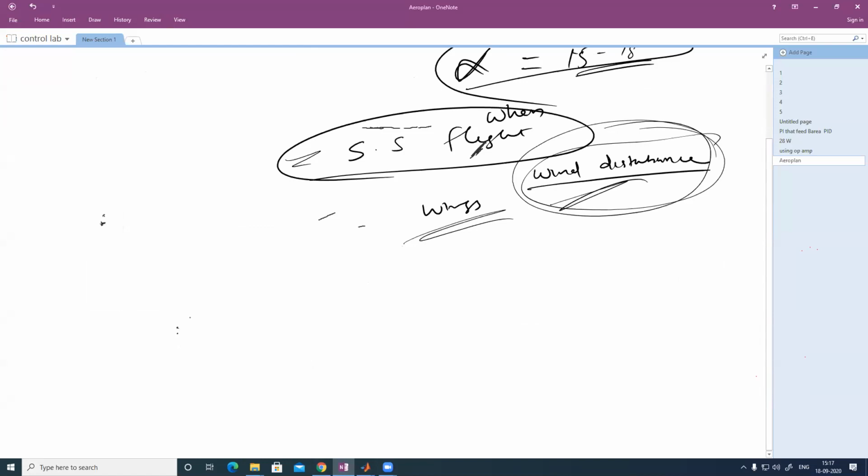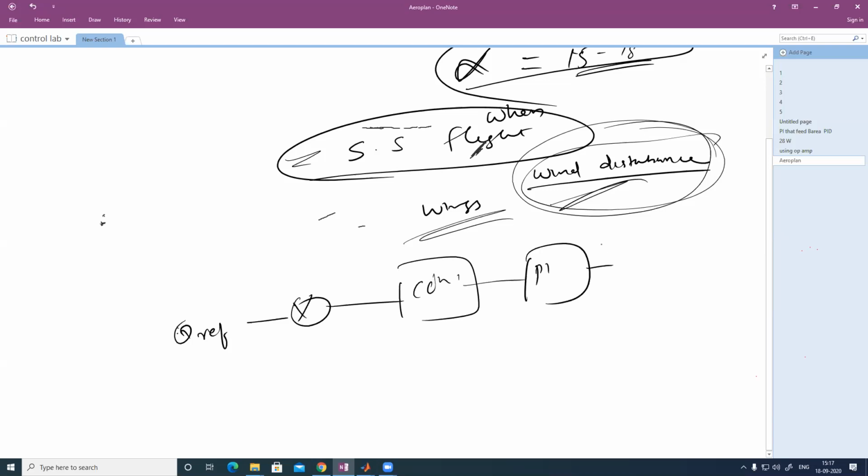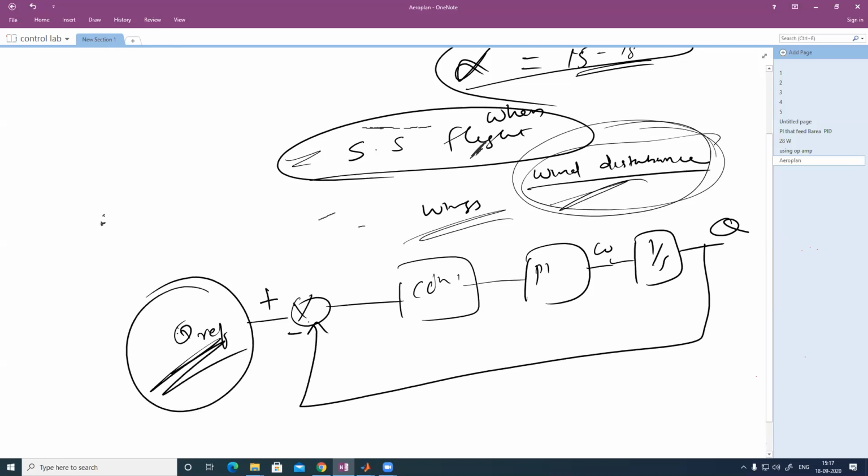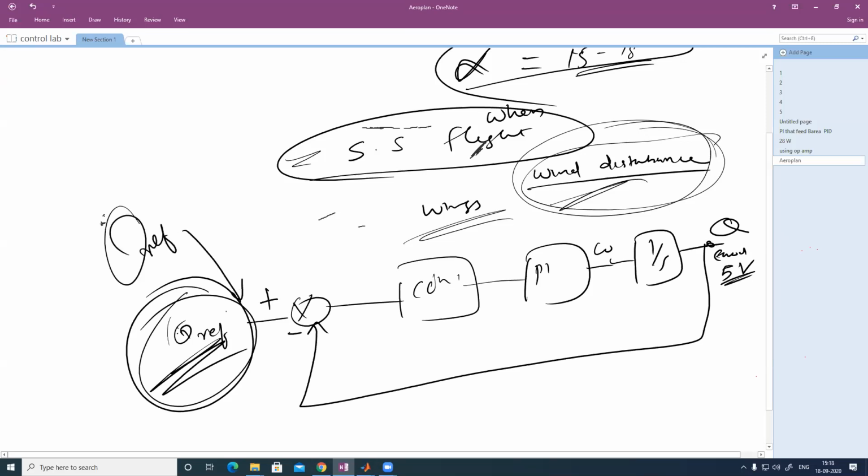The theta reference is given, and through the controller and plant, omega goes through 1 by s to theta. This theta is fed back here, and you have to give the theta reference. An encoder will be there; if it is a voltage sensor, it can give a maximum of 5 volts. So corresponding to that, you have to give the theta reference here.